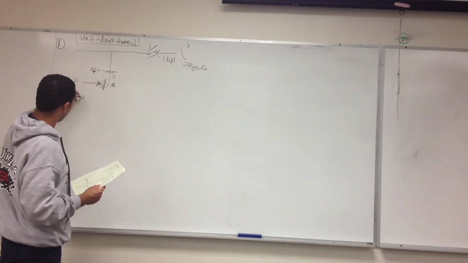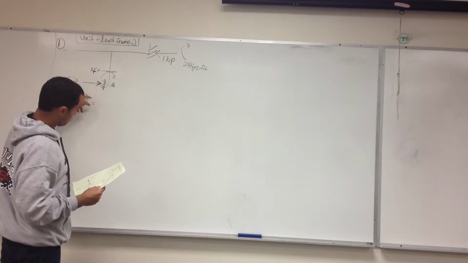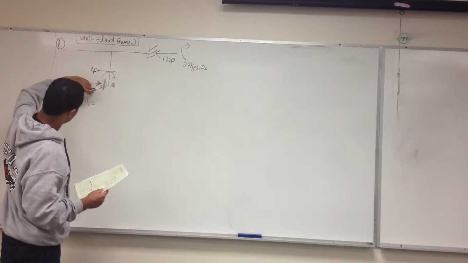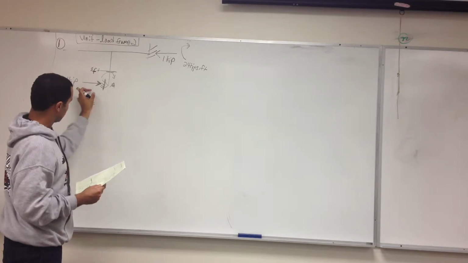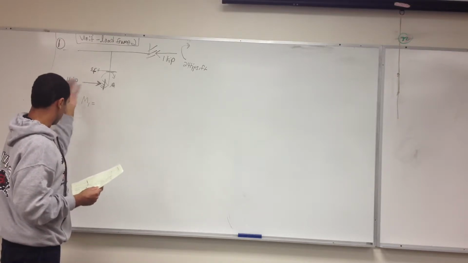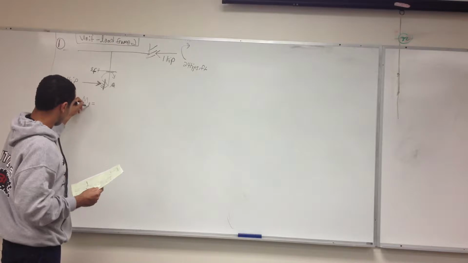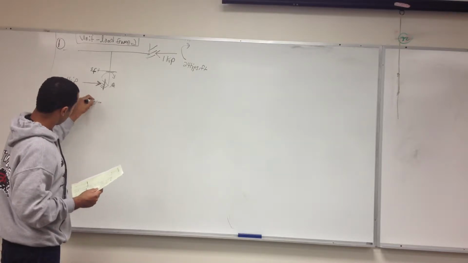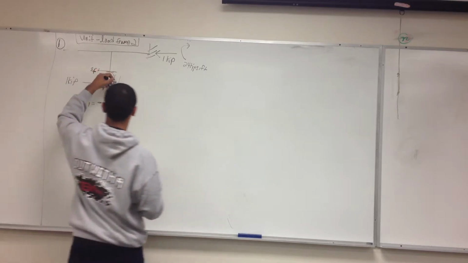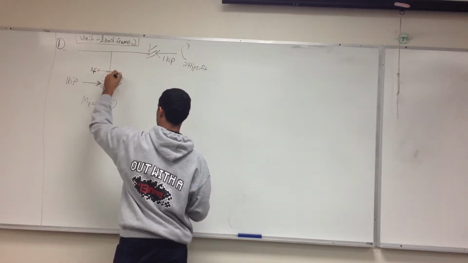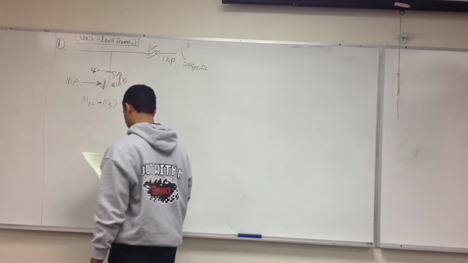So we have moment 1. We have this 1 kip load. It's acting positive, but when we write it down as moment 1, we have negative 1 times x1. This is our x1, by the way. Our length x1.